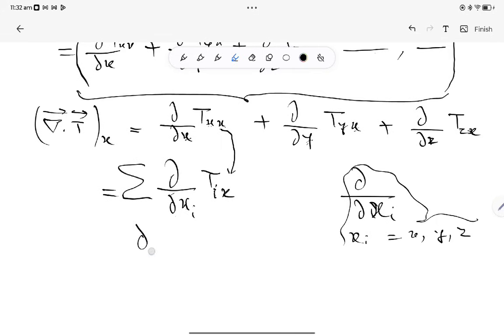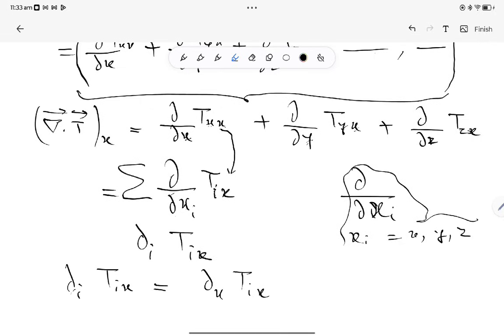You simply write it del i T ix. Even this is dropped, and this simply means del i T ix means exactly this. You are differentiating with respect to the x component, of course x component of this, and this dot product, del x T ix.